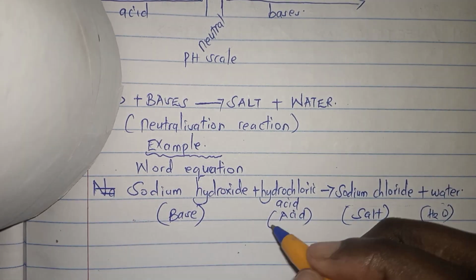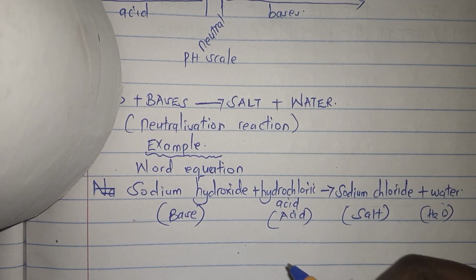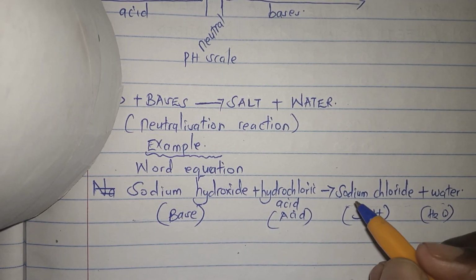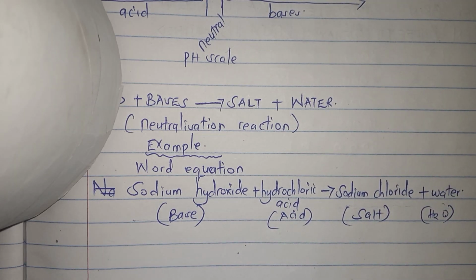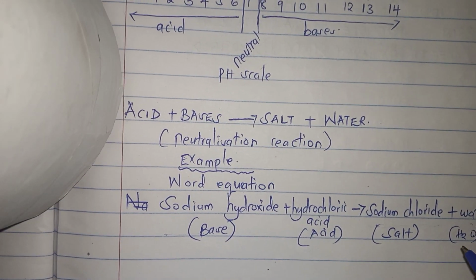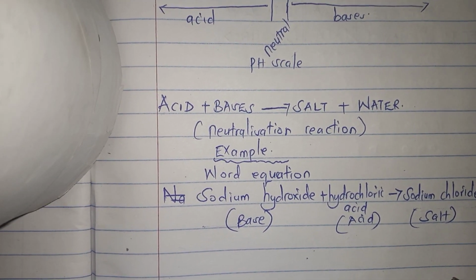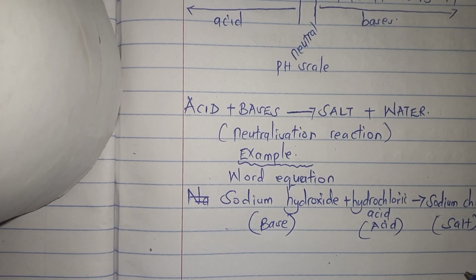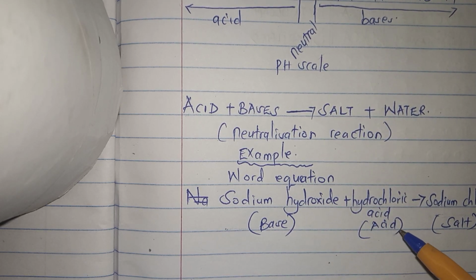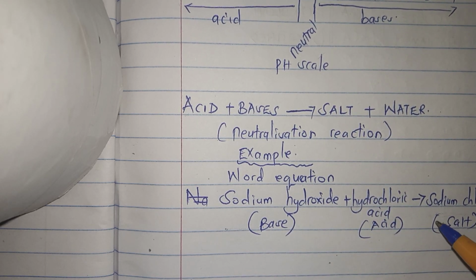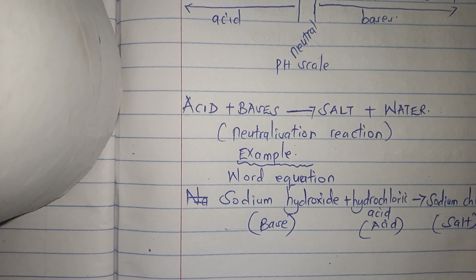The reaction is called a neutralization reaction. It is neutralizing. When we are reacting sodium hydroxide plus hydrochloric acid, we are getting a salt. This is the salt that has been formed, sodium chloride.